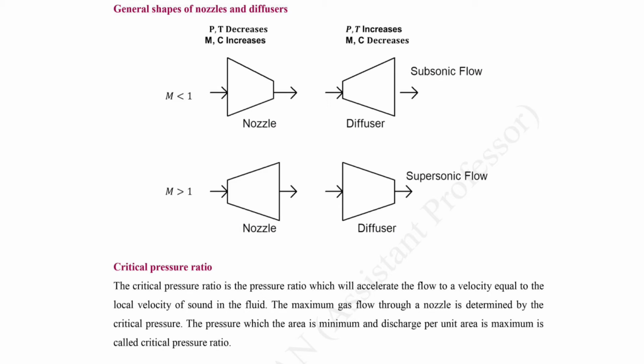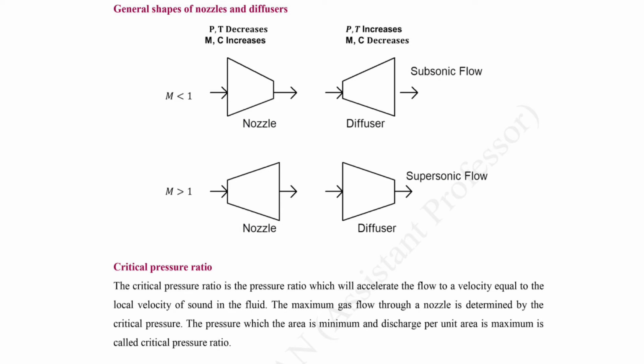When the Mach value is greater than 1, the entrance of the nozzle will be a smaller area compared with the exit of the nozzle section. Then the pressure and temperature increase, and the Mach number decreases.